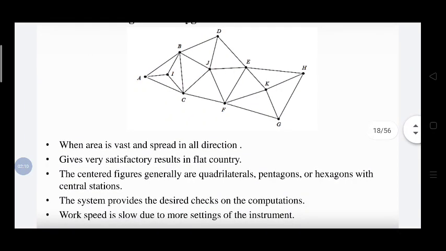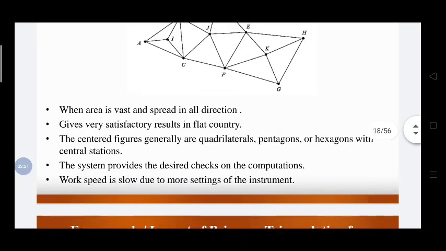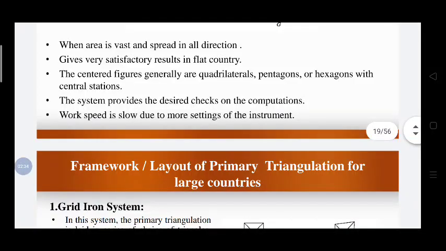Then E, F, H and G is a quadrilateral with the central stations such as K and J: K for a quadrilateral, J for a pentagon. The system provides the desired checks on computation, and the only drawback is the speed of work is slow due to more setting up, since there are more stations.